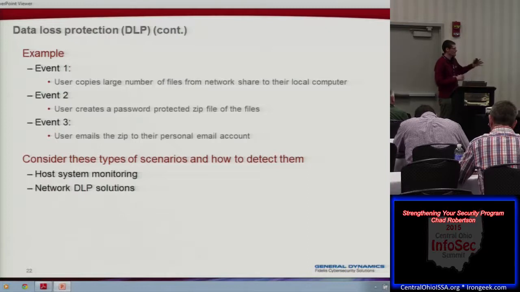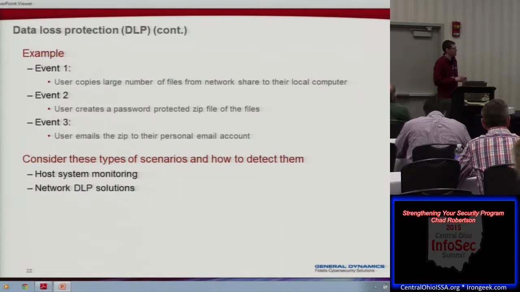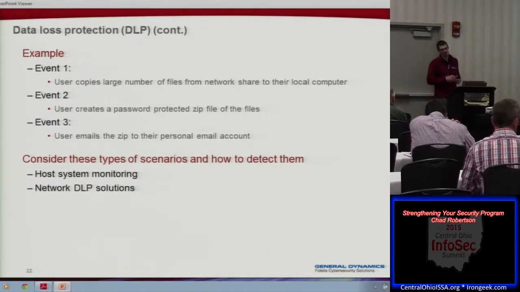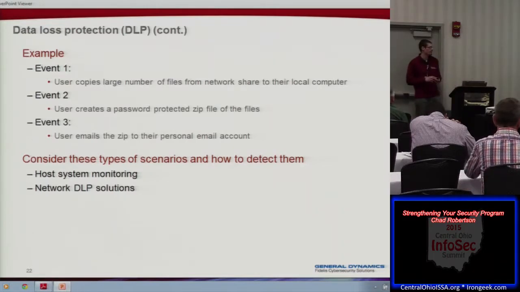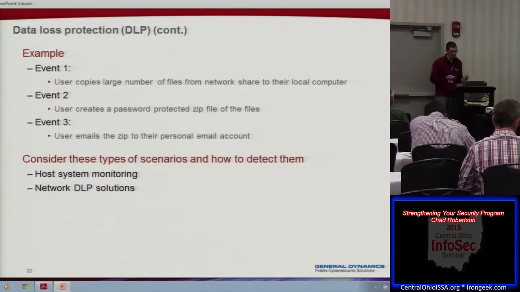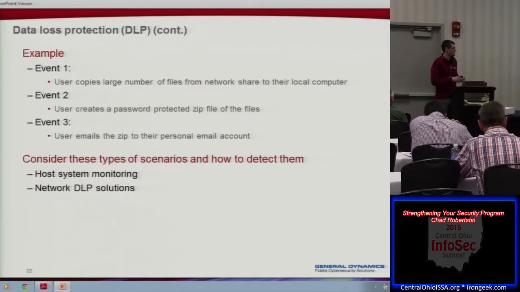And then also an analytics piece would maybe be able to detect the series. Consider these types of scenarios and how to detect them. Doing so might be through host-based system monitoring or network DLP solutions, or a combination of both, because we might be able to detect the file copy from the network share with a network DLP, and then have a host and have those correlated together.